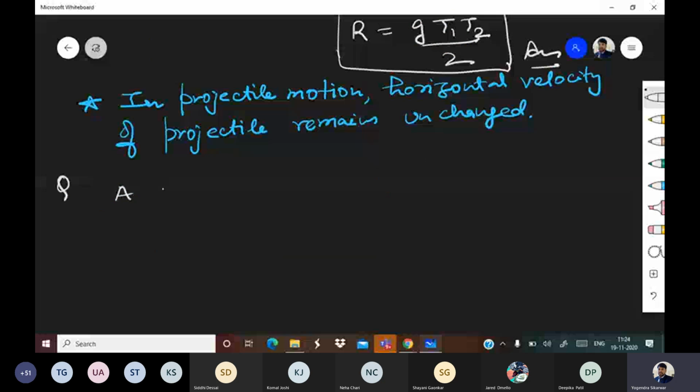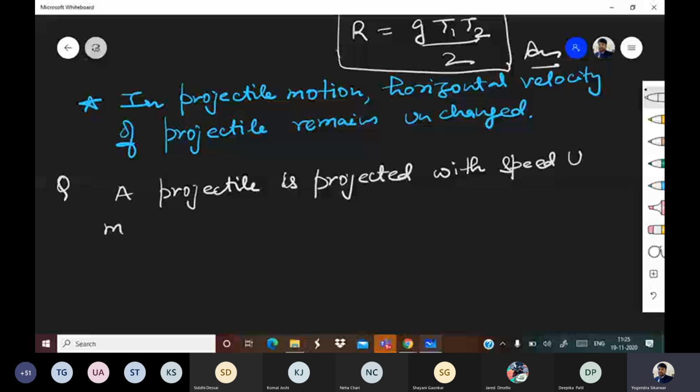A projectile is projected with speed u, making angle theta with horizontal.